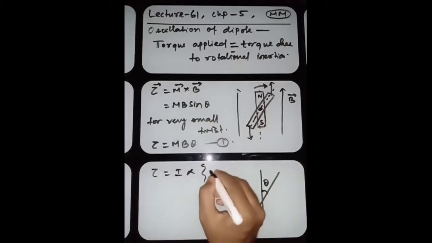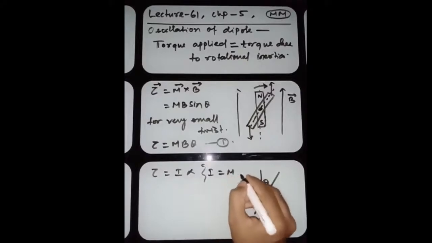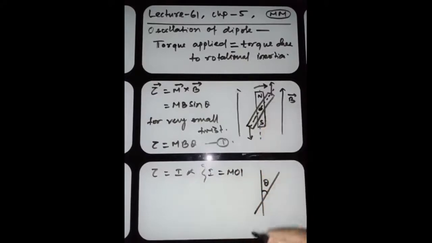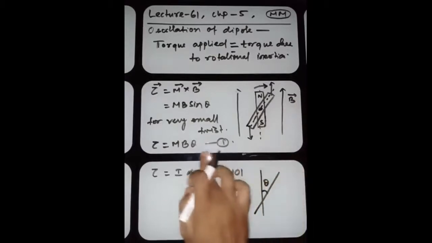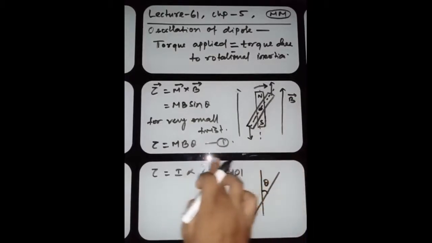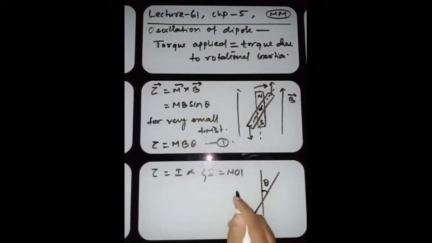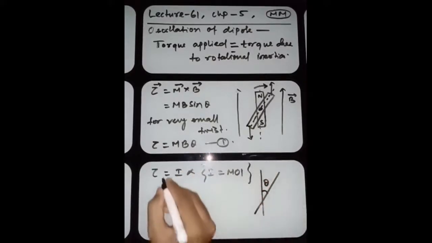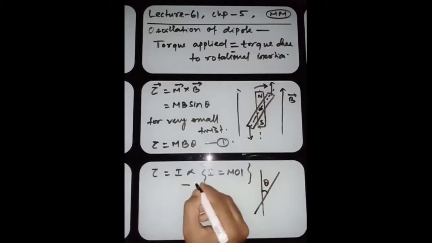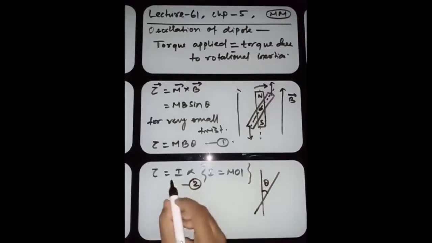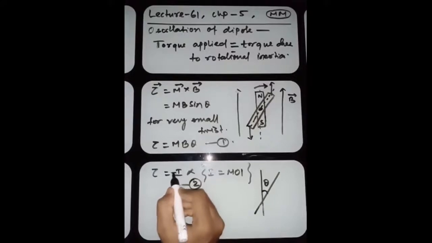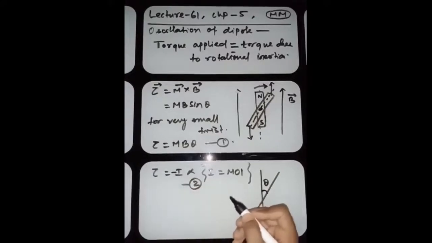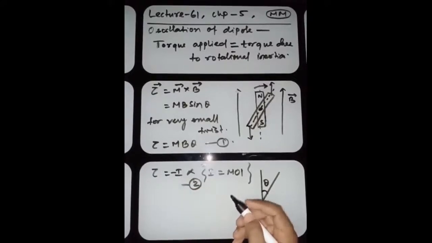What is this I? I is nothing but the moment of inertia of this bar magnet. You can write it as the second equation. And remember, this is the counter torque, so it will be in the opposite direction. So we will use the minus sign.